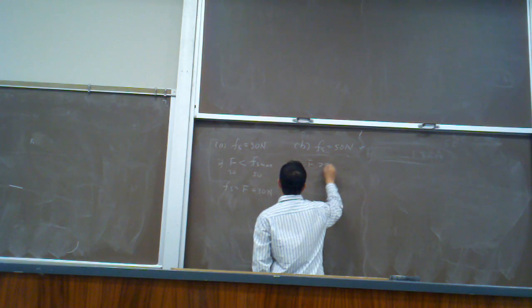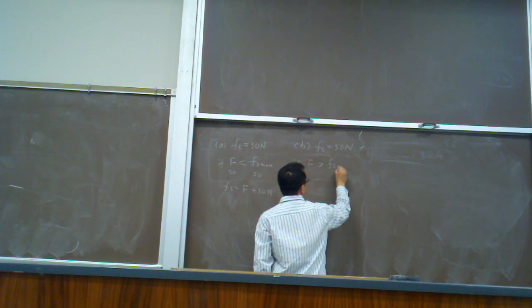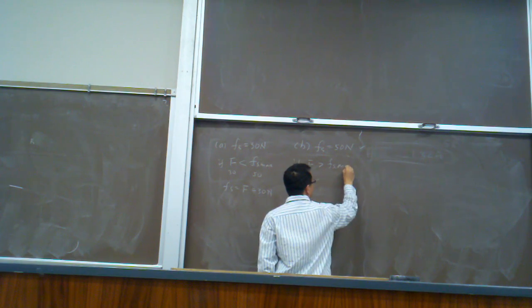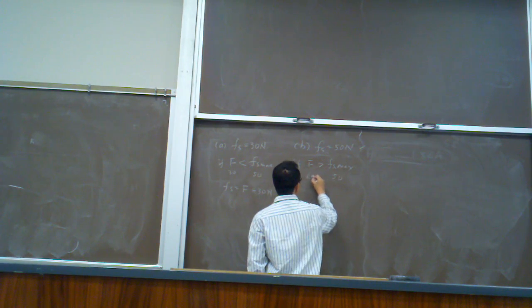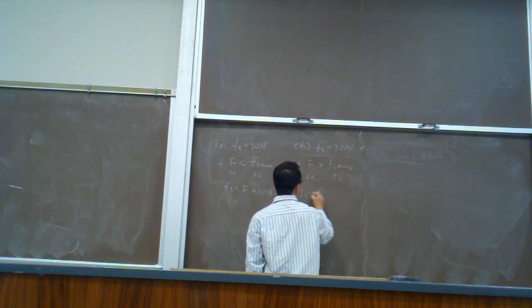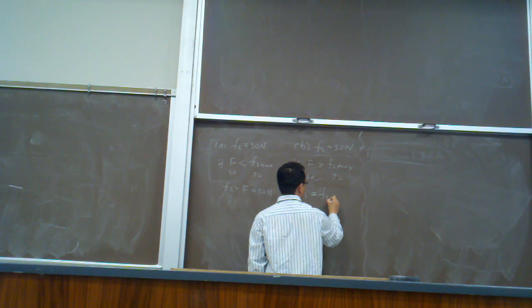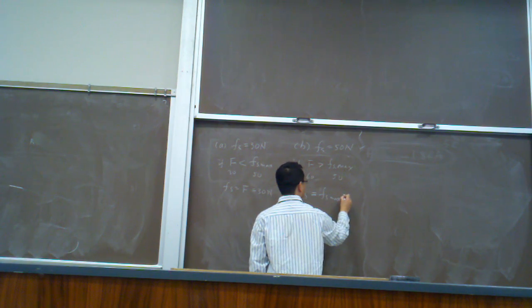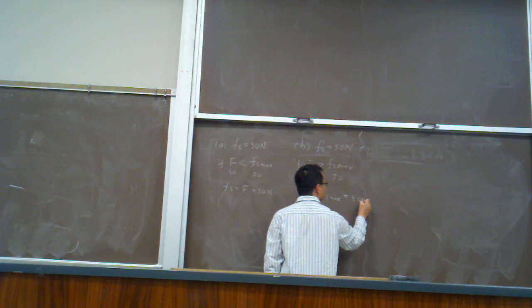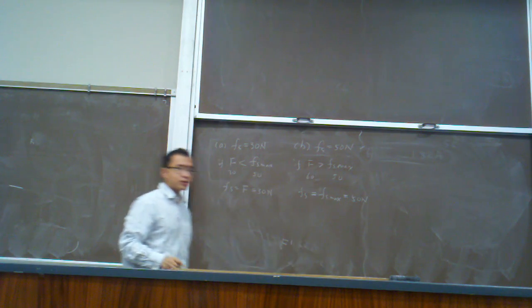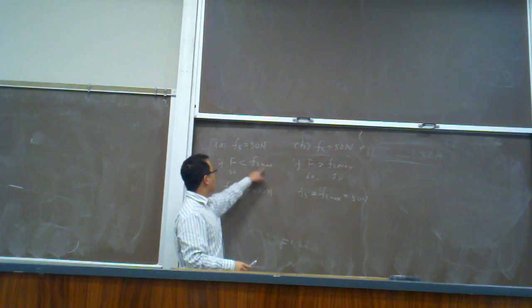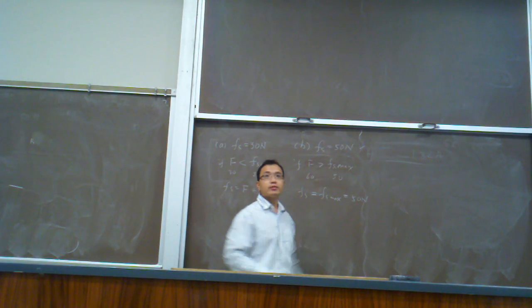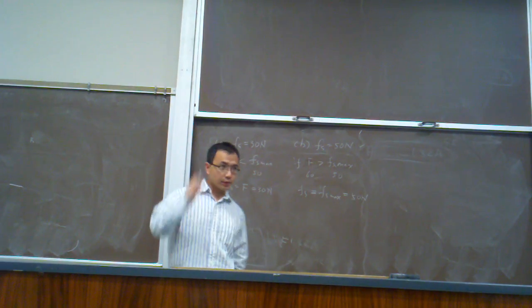If F is greater than Fs max, as in part B, where this is 50 and this is 60, then Fs equals Fs max, which equals 50. Or in other words, the actual static frictional force is determined by the smaller one of the two. Any question here?